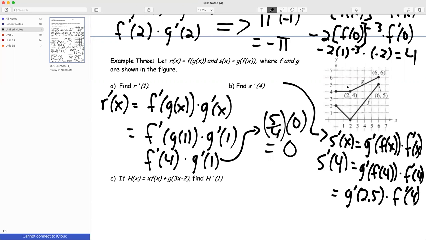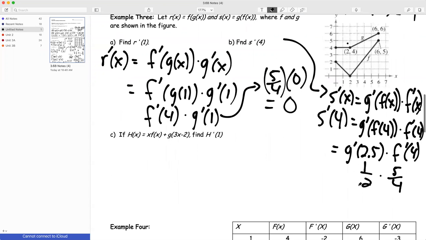And I just did f prime of 4. It was 5/4. So now I just need g prime of 2.5. The derivative at 2.5 is the line segment here, going up 2 and over 4. So the slope there is 1/2.